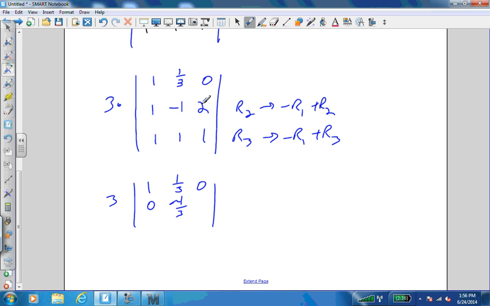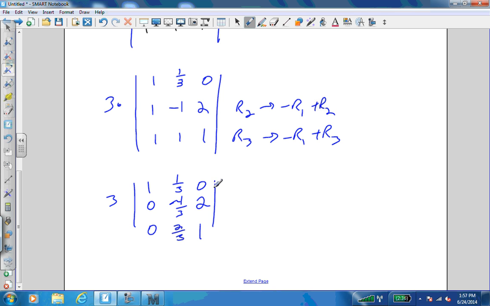Negative 0 plus 2 is 2. Negative 1 plus 1 is 0. Negative 1/3 plus 1 is 2/3. 0 plus 1 is 1.